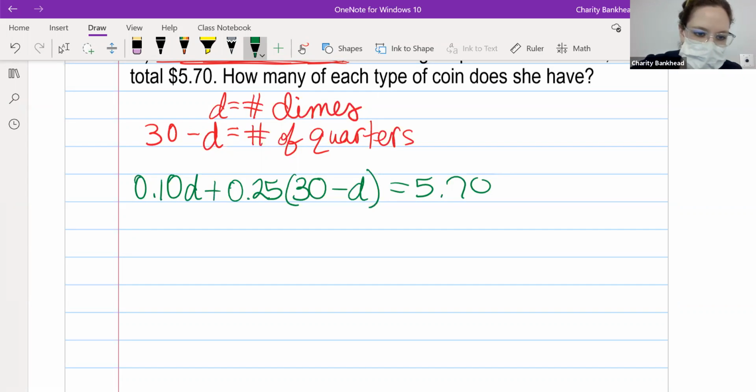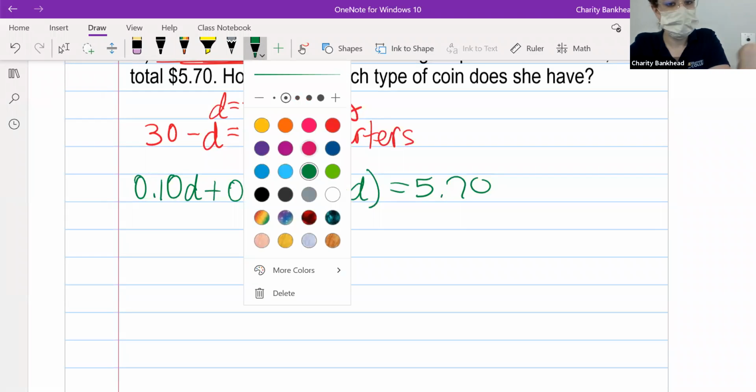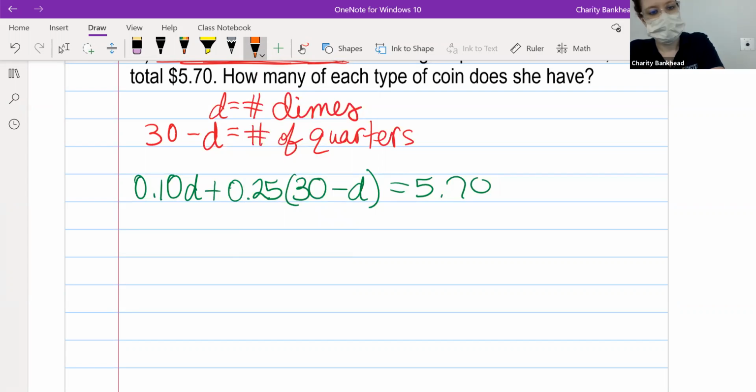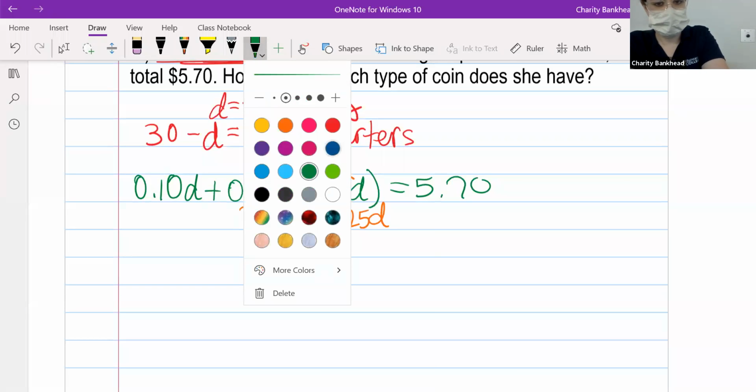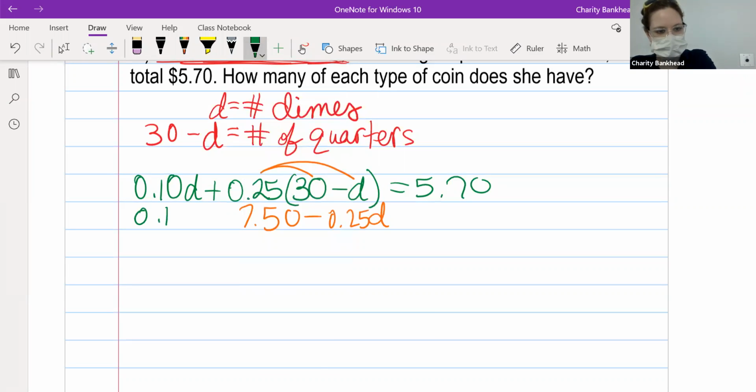All right, so I'm going to distribute 25 cents. Okay, so that's going to be 7.50 minus 0.25D. And I'll bring the rest down. So I've got 0.10D plus 7.50 minus 0.25D equals 5.70.